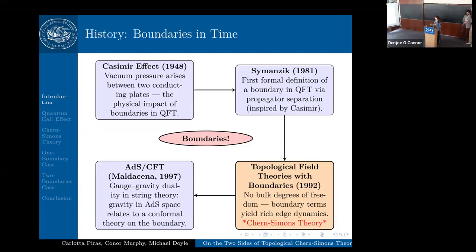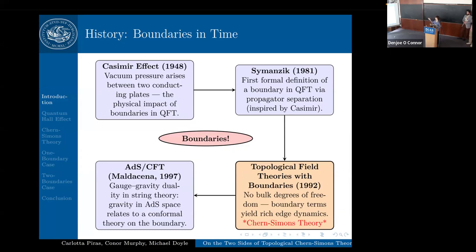But boundaries are not important only for topological field theories, as we see for Maldacena, who proposed the AdS-CFT correspondence. So basically a duality between gravity in a higher dimensional AdS space and a conformal field theory on its boundary. So again, the boundary is the main character and it shapes the physics in each of these contexts.